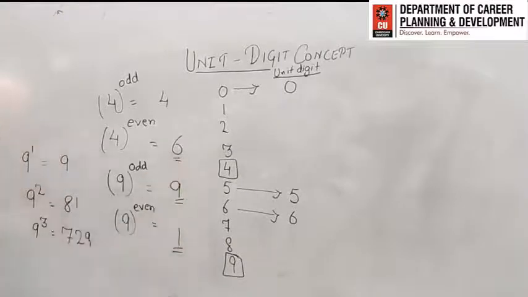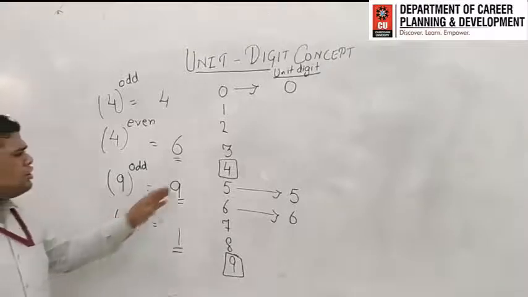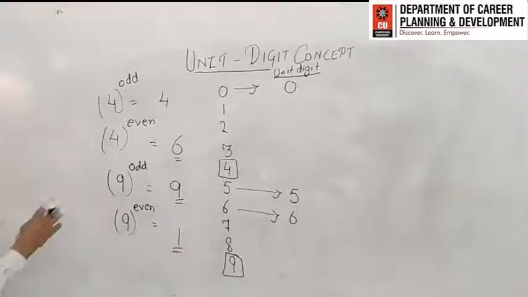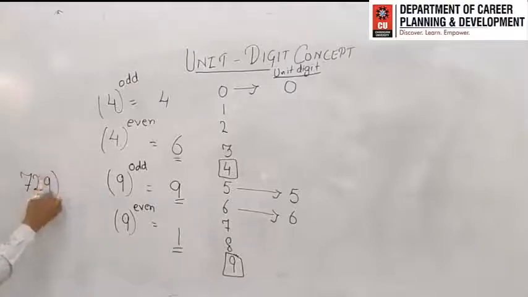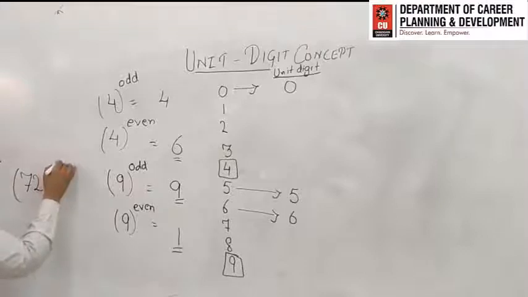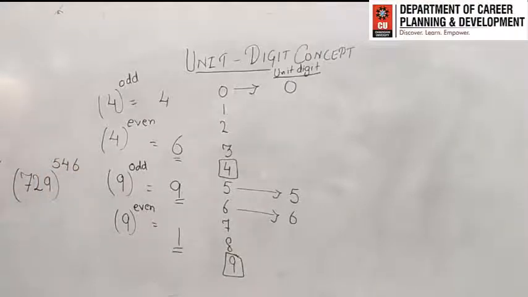So this is the concept of the cycle of 2 for the numbers 4 and 9. Let's see this by an example. If 729 raised to the power 546, then what will be the unit place value?